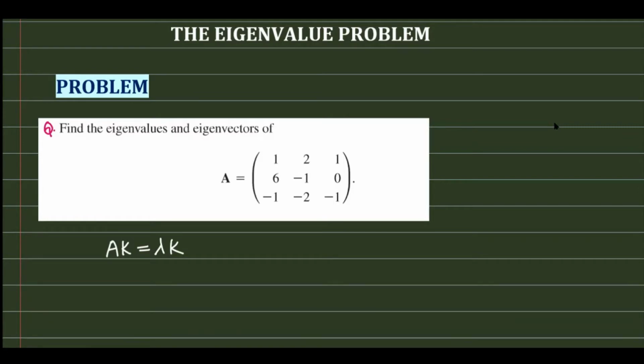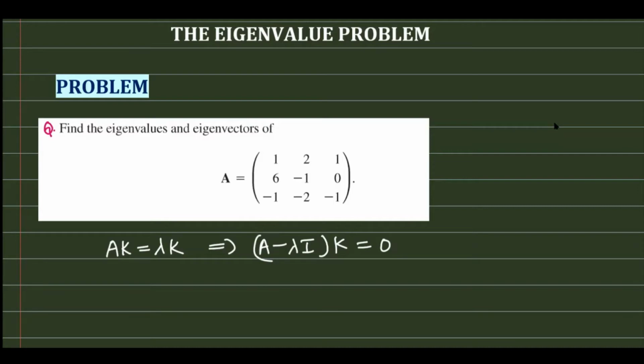So first we will find eigenvalues, which are the values of lambda. So we have AK equal to lambda K, which implies (A minus lambda I) K equal to 0.